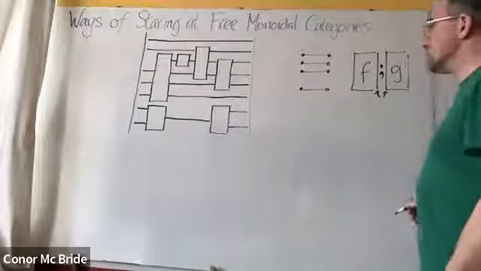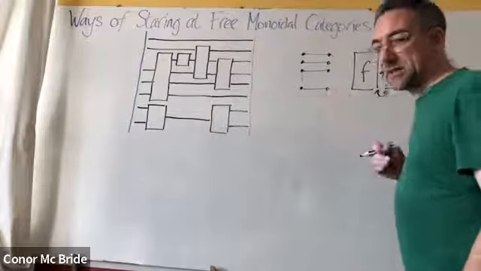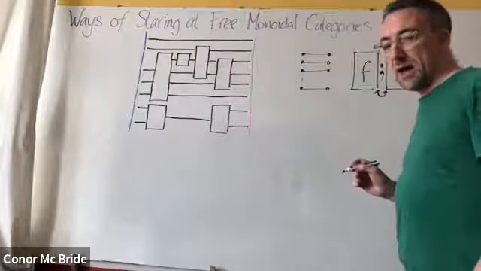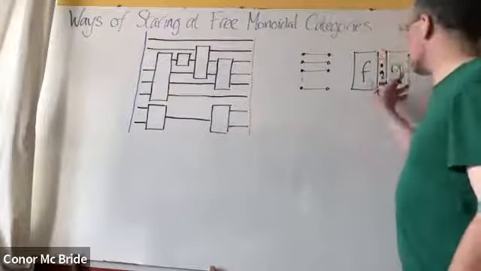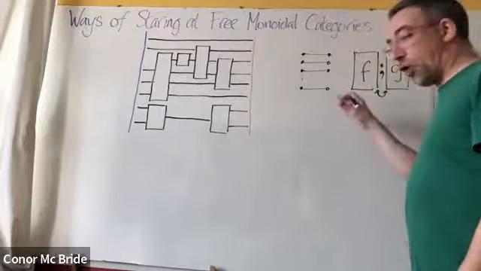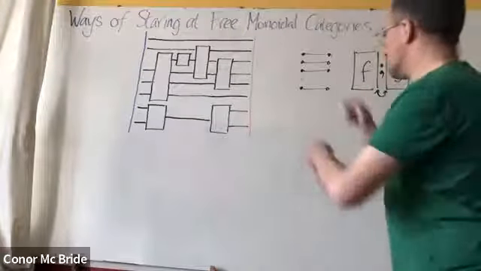And then you've got straightforward vertical stacking. That's going to give us monoidal structure. So the categorical stuff is the sequential structure, and the monoidal stuff is the parallel structure.